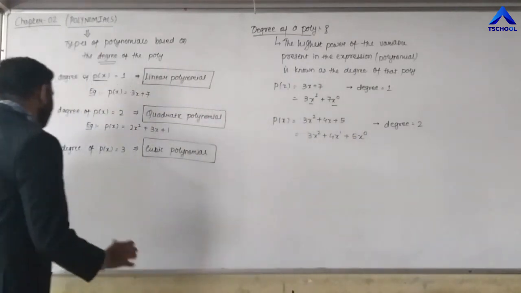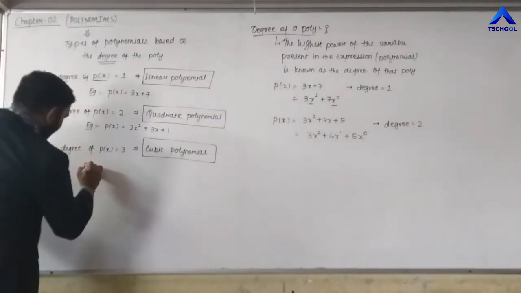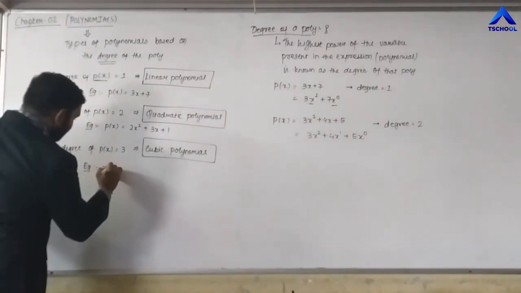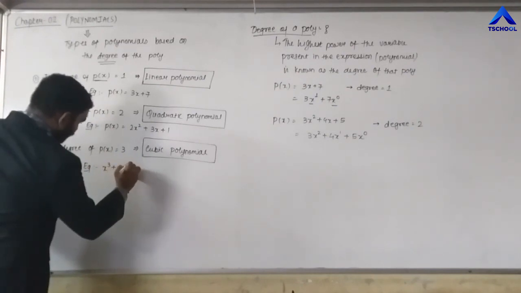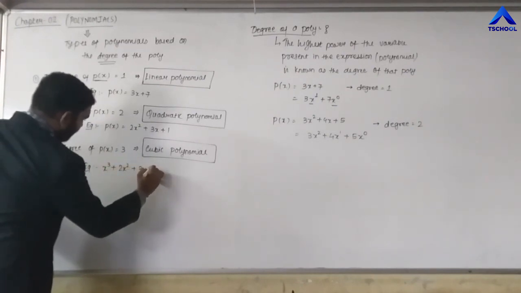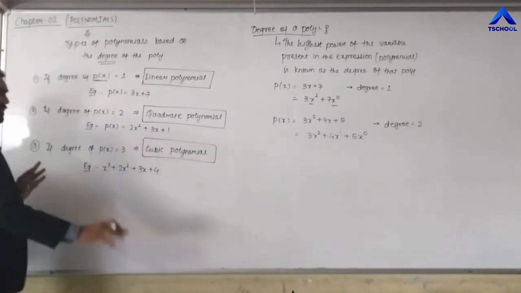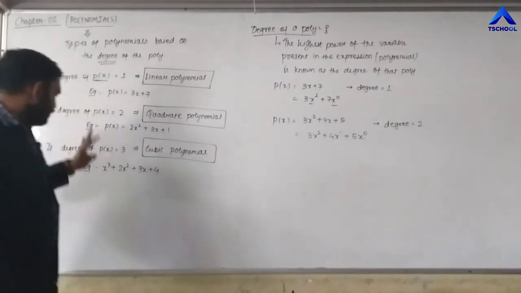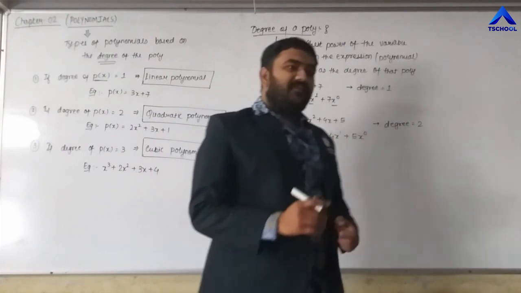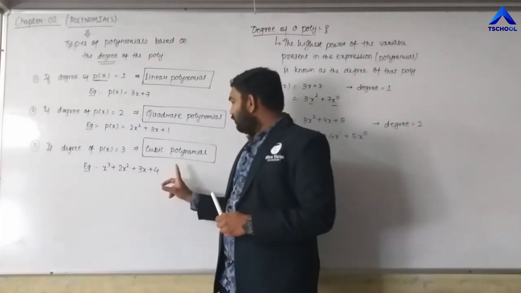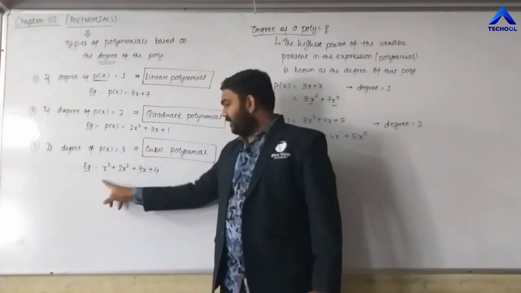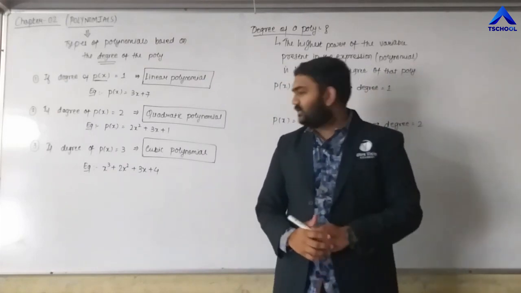So let me write down any random example of this polynomial, that is x cube plus 2x square plus 3x plus 4. This is a random example here, right? So if the degree of a polynomial is 3, then that polynomial is known as a cubic polynomial. For example, x cube plus 2x square plus 3x plus 4.